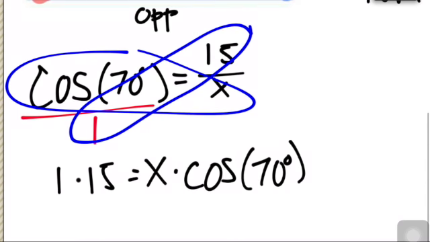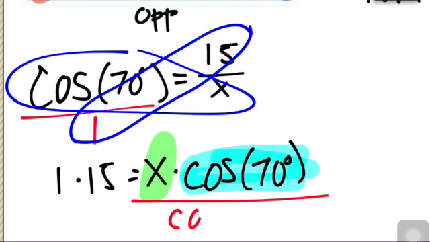In this case, I need to get x by itself, so I need to get rid of the cosine of 70. What I'm going to do is divide each side by the cosine of 70 degrees.